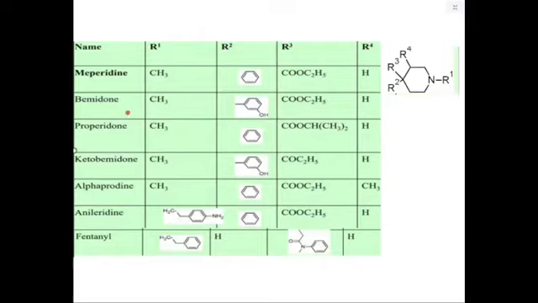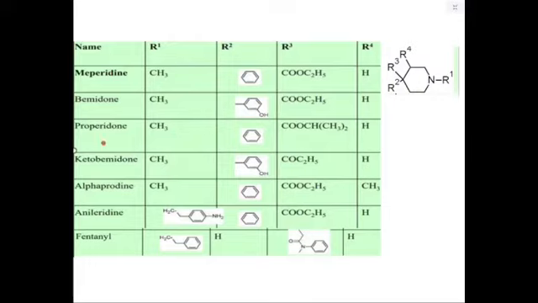Then we have bemidone, and I have said the difference for the compounds that we call the bemidones. The bemidones are whereby the phenyl ring has a meta-hydroxyl substituent. So if you look at the difference between meperidine and bemidone, the only difference is that in bemidone, the phenyl ring has a hydroxyl group. So that's the only difference.